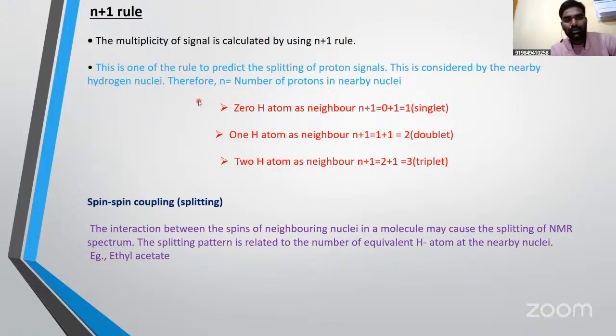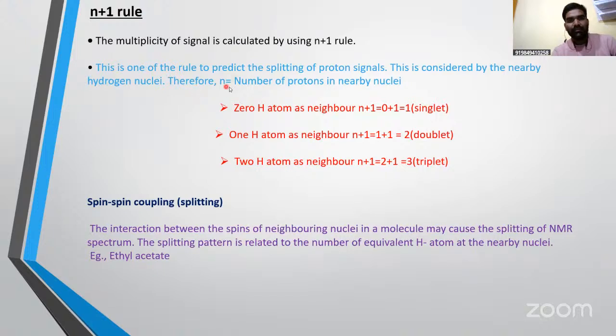This is one of the rules to predict the splitting of proton signals, and it is considered by the nearby hydrogen nuclei. By the nearby hydrogen nuclei, we can predict the splitting of proton signals.